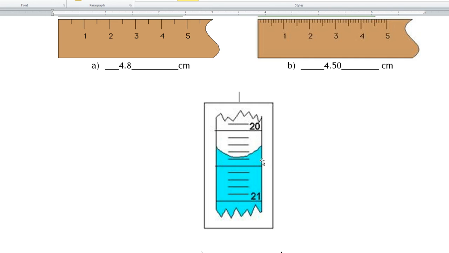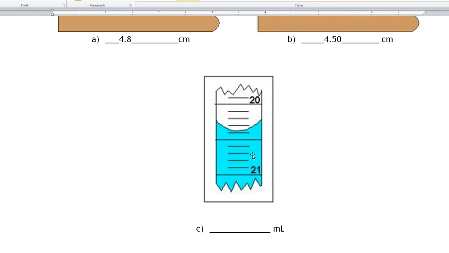It doesn't say it because they could not fit all those numbers on there. But I do know where that is. So I can imply here that I have two significant figures. I know that it's 21, and I know that it is above the 0.6. So 21, all right, and then 0.6.